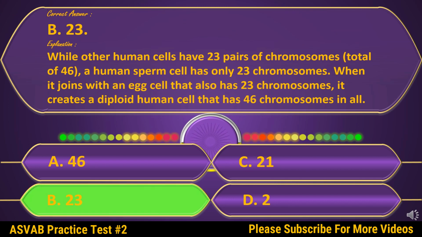While other human cells have 23 pairs of chromosomes, a total of 46, a human sperm cell has only 23 chromosomes. When it joins with an egg cell that also has 23 chromosomes, it creates a diploid human cell that has 46 chromosomes in all.